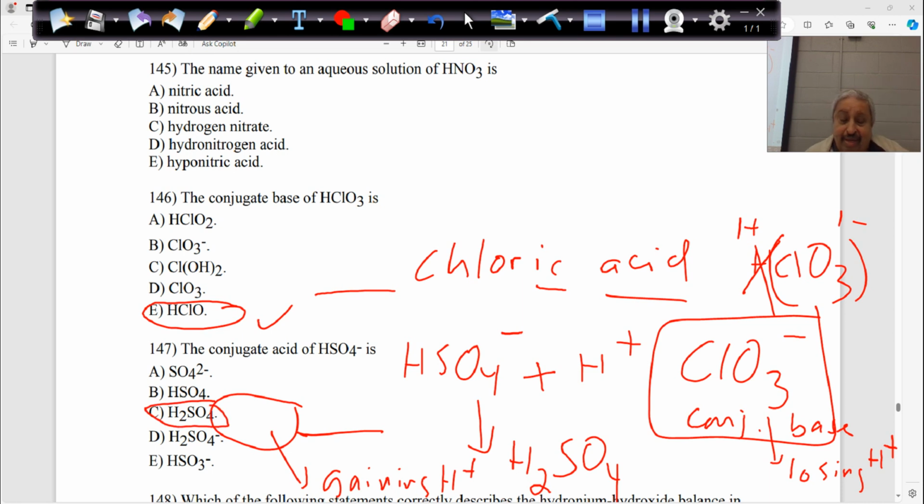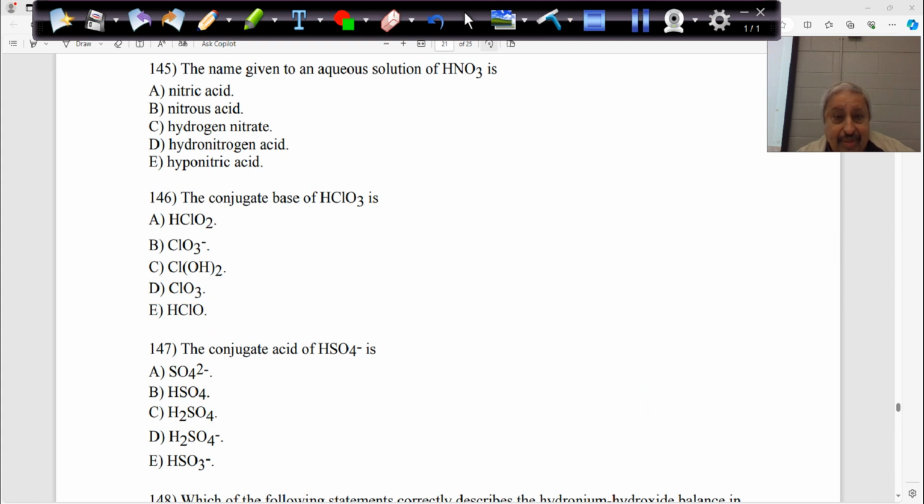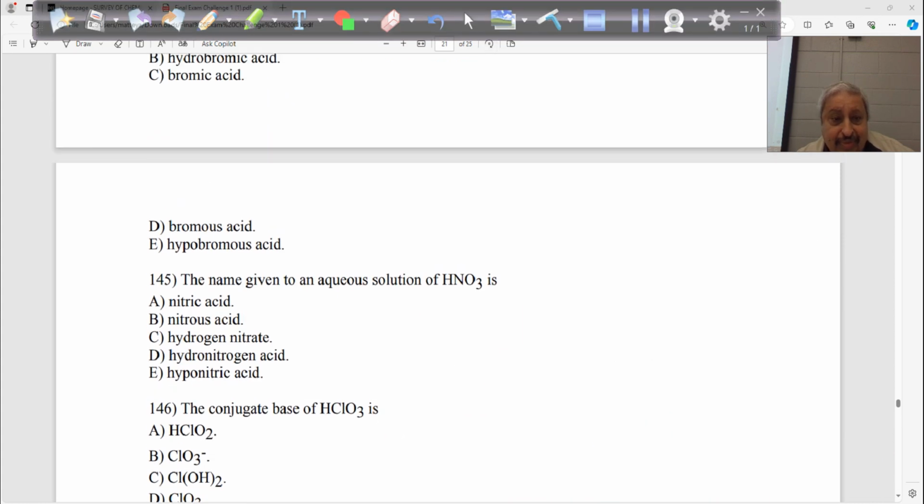So if you have a conjugate base, it wasn't a base. It means it was an acid that lost H plus. Conjugate acid is a base that gained H plus. That's all by definition.